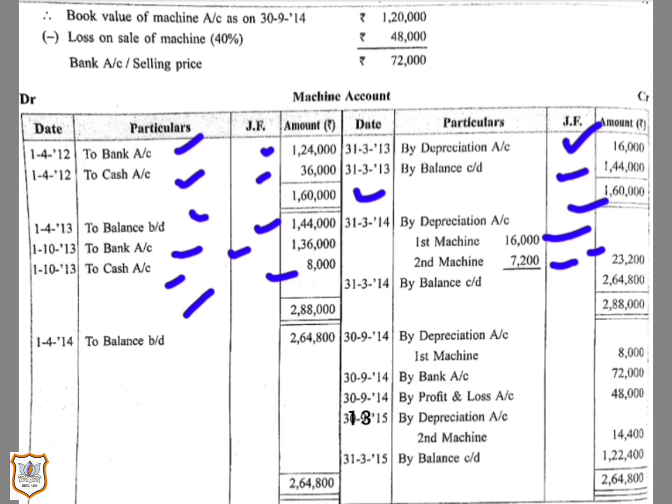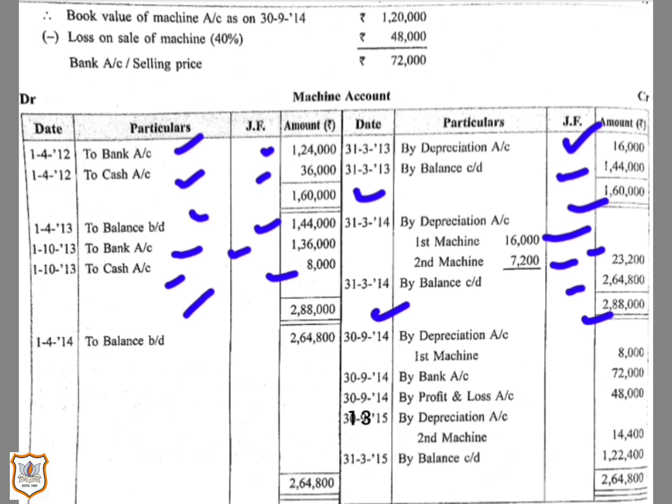And finally we will close this account. Again we can see that the total of the debit side is more, that is 2,88,000, which will be written on both the sides. And here we will find out the balancing figure, which will appear on the credit side, that comes to 2,64,800.